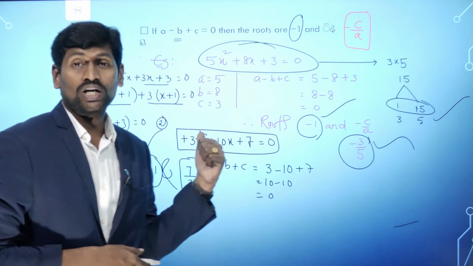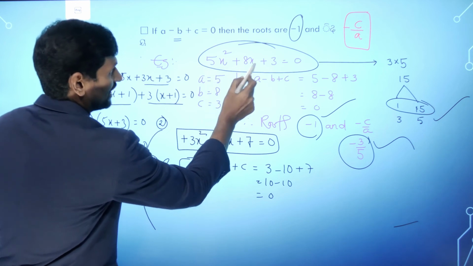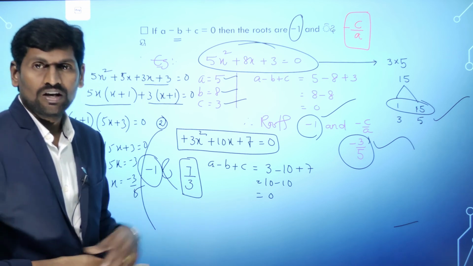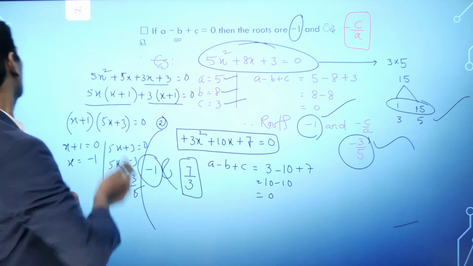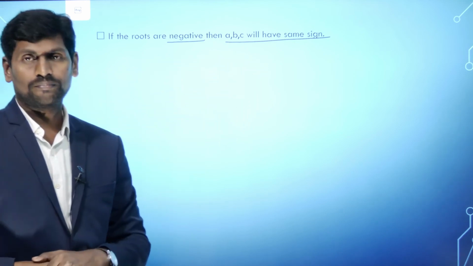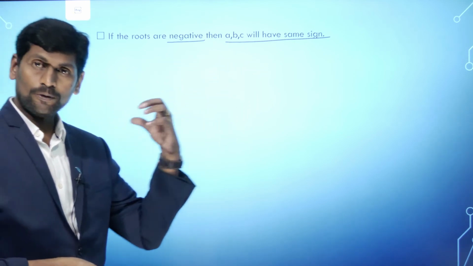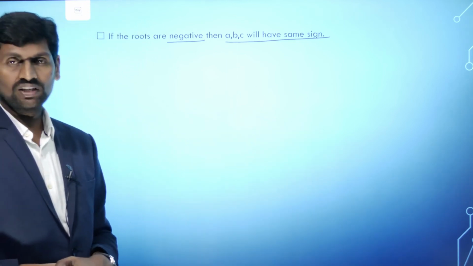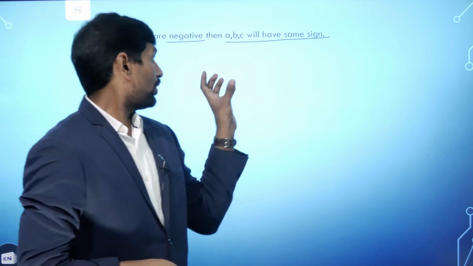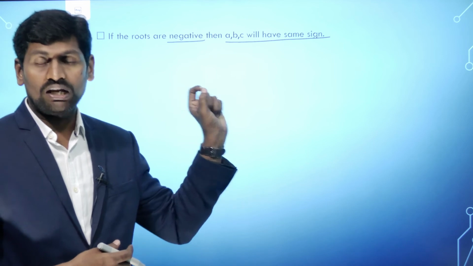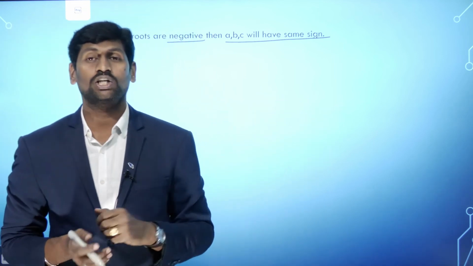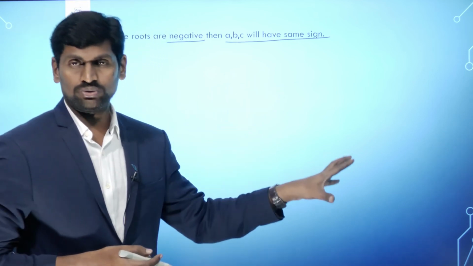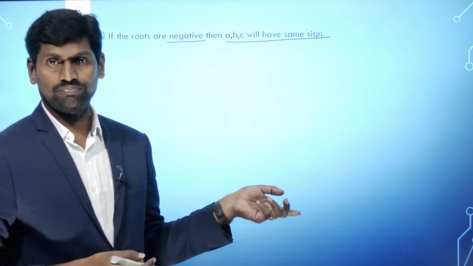Then observe the quadratic equation. 5x square plus 8x plus 3. That means the a value, b value, c value, all are positives only. That is the condition given here. All are having the same sign. That means all are positive or all are negative we can take. Clear? So that means you have to observe that if alpha and beta, which are roots of a quadratic equation, are negative, then a, b, c will have either all positive or all negative signs. Okay?